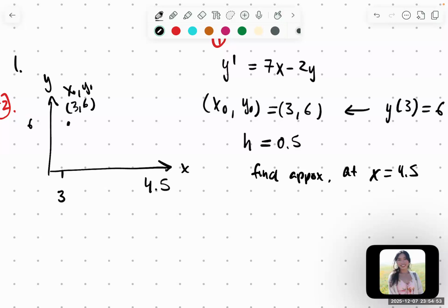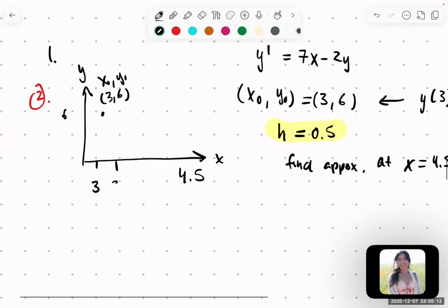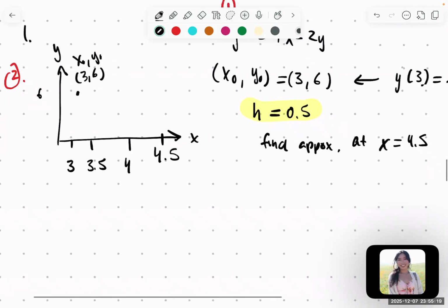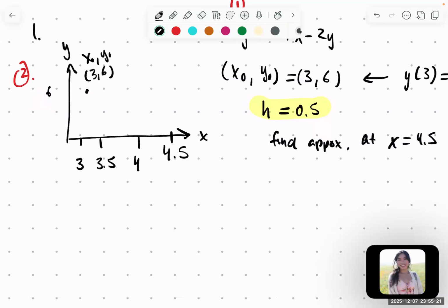How long will it take us to go from 3 to 4.5? We can't just go a full number. We have to go 0.5 because we are given our step size here. So we're going to do 3, 3.5, 4, and 4.5. That's what will get us to 4.5.